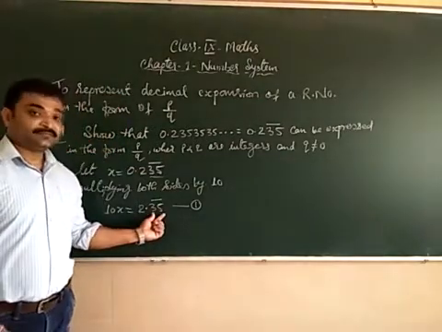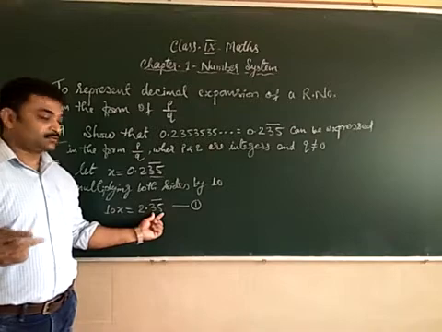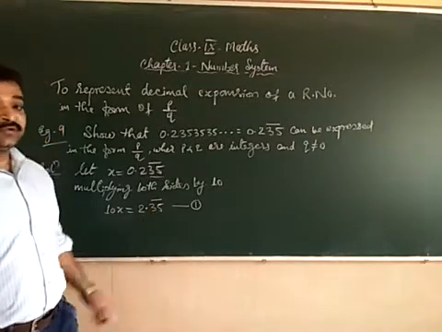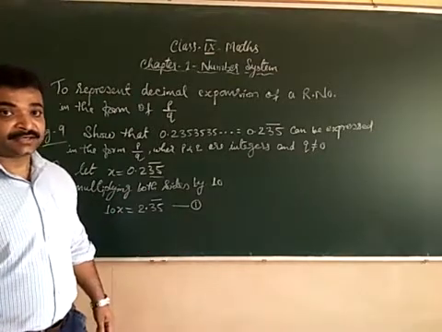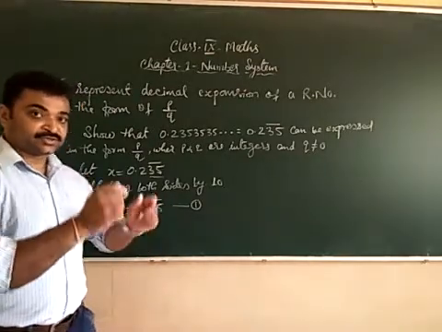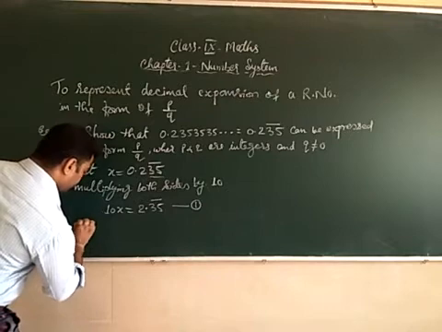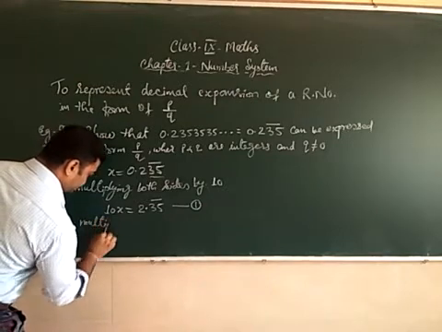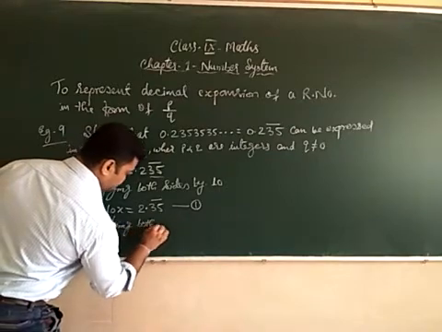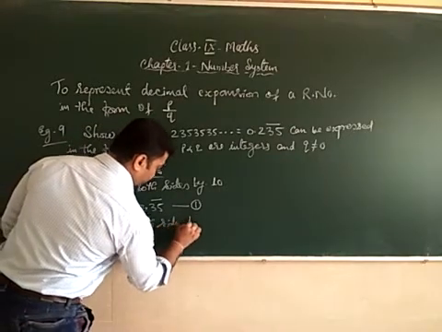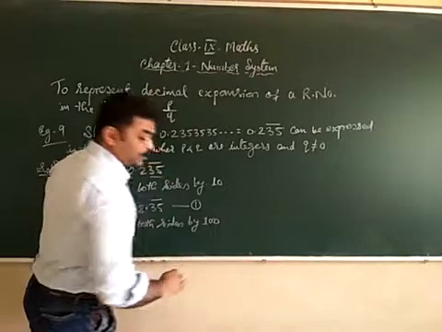Here we can see two digits are repeating. So we will multiply both sides by 100 according to our previous question. So multiplying both sides by 100, what we get?